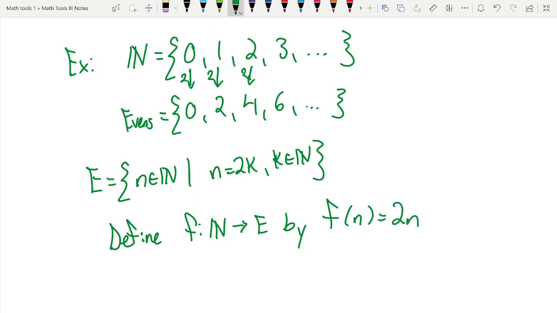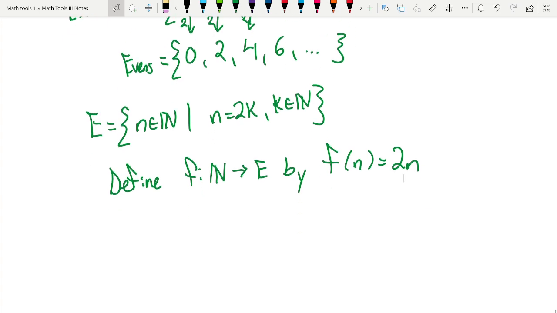Or you could use x, but n is just commonly used with the natural numbers here. So we would need to show that this is a bijection by showing that it's injective and it's surjective. So we can do that.